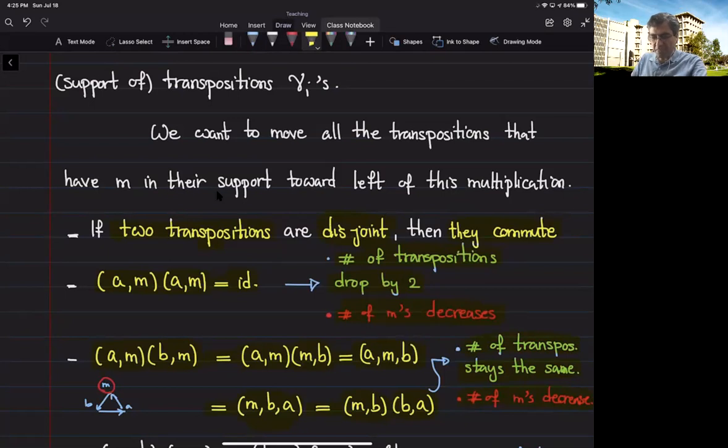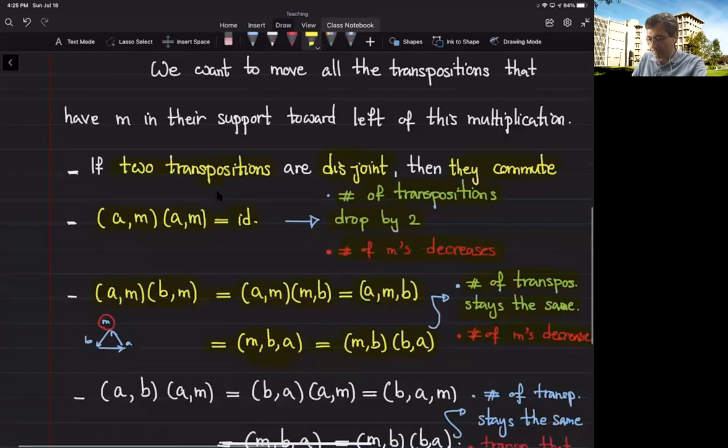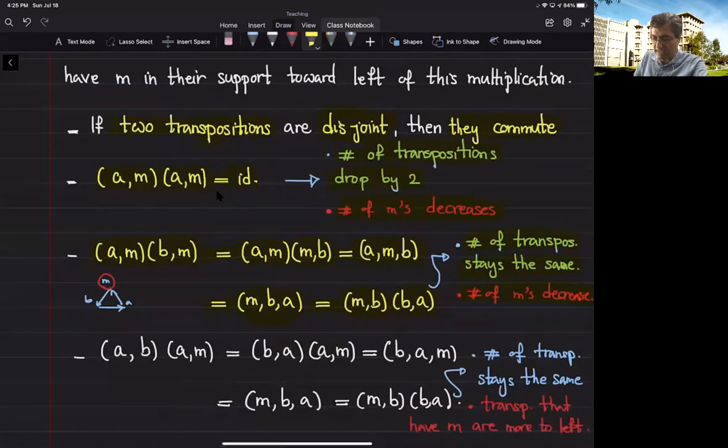Now, the third possibility is that these 2 transpositions have one element in common, but that common thing is not M. So it's like this. So they have A in common. A is not B, A is not B, B is not M. So again, I'm going to use the same argument as in the previous case.